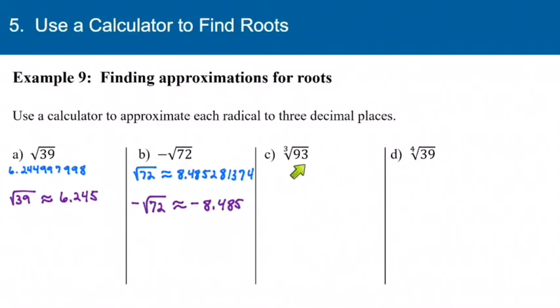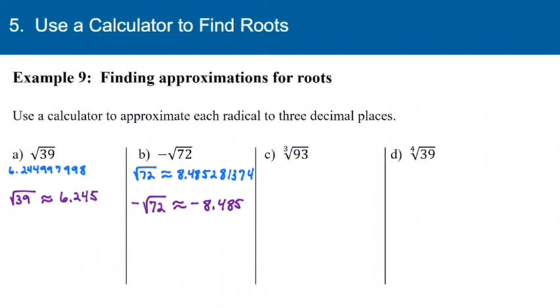Okay, cube root of 93. So on your calculator, you'll need to put in the 3 and then go second caret or second power to get the radical. So then your calculator is going to say 3 radical, and then you're going to put in 93.